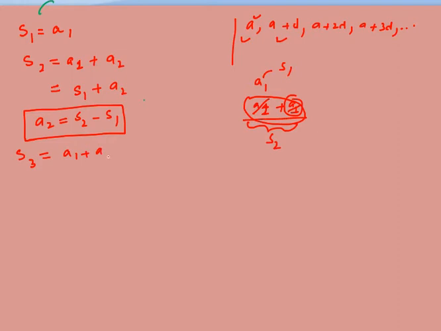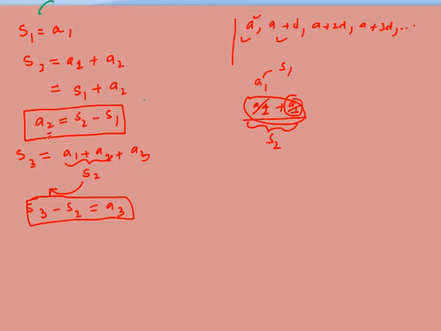S3 can be written as A1 plus A2 plus A3. Now what is this particular part? S2. Now can you shift this S2 to that side to obtain this as a formula? Yes, that's great. You might have already understood. So if you carry on, you will find a very important similarity.